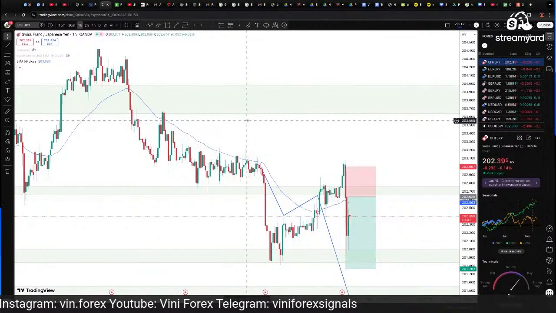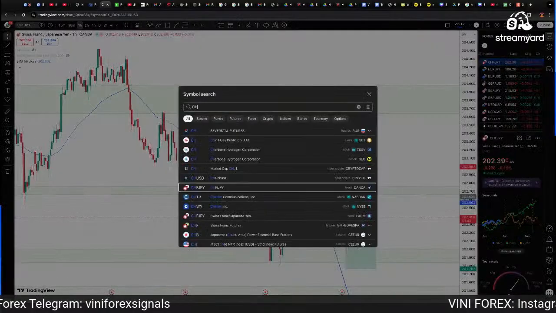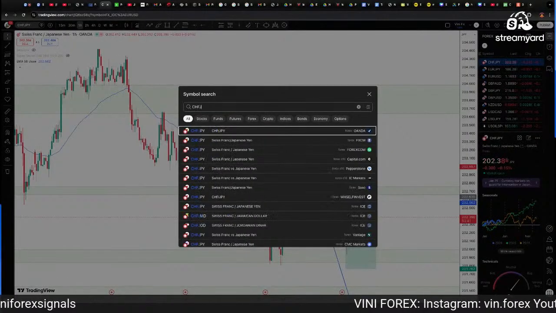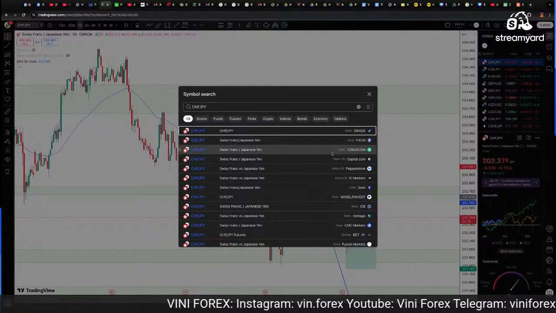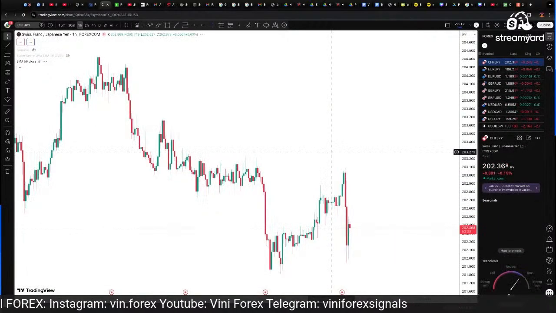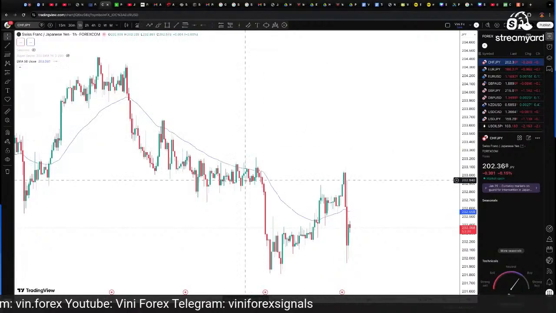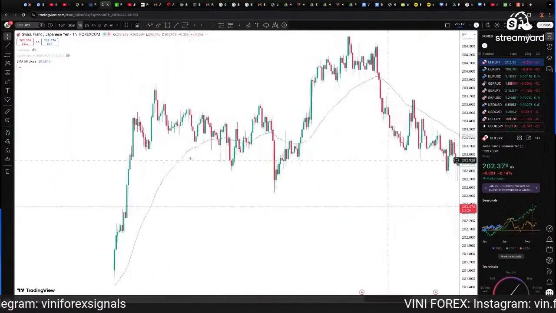So what I'm going to do now is go to a new chart, CHF JPY, on forex.com. Okay, I think this is clean. You can see my screen, right?